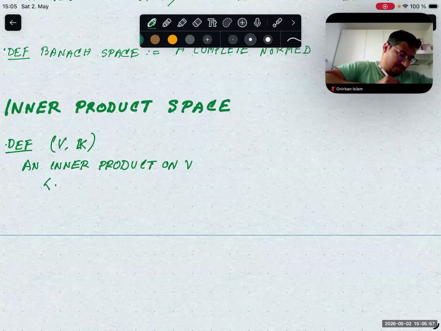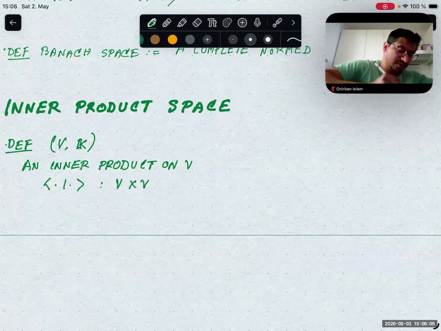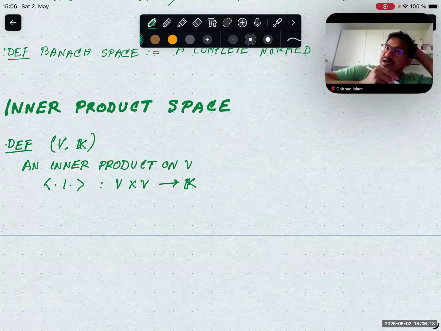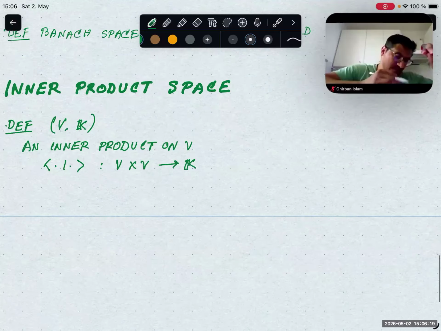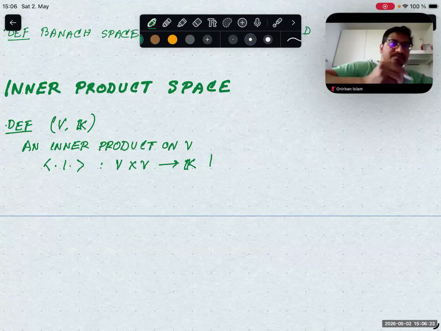Let me use this one, which is a map from V cross V to K, which satisfies some properties. These properties are strongly motivated from the properties we have seen in R^d or C^d. So, what are the properties?